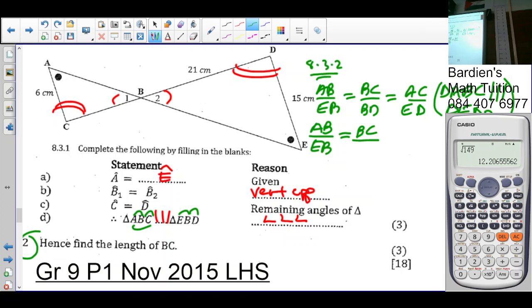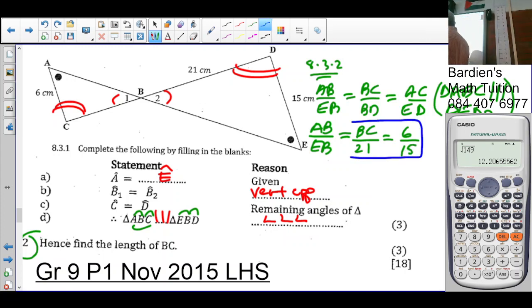We know that BD is 21, AC is 6, and ED is 15. So which means to say, what can I calculate here? I can only calculate BC. Can you see that, people? Because there are 2 unknowns in that fraction.